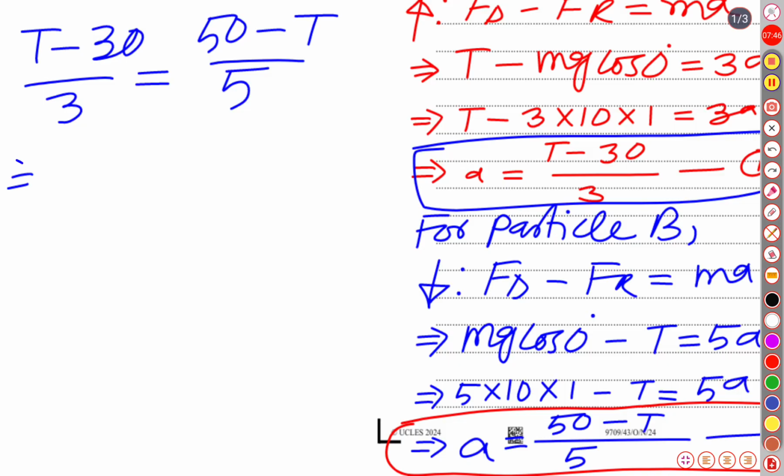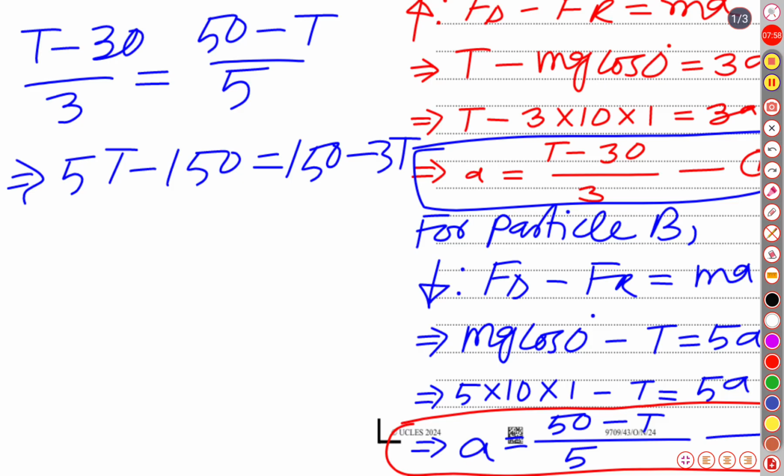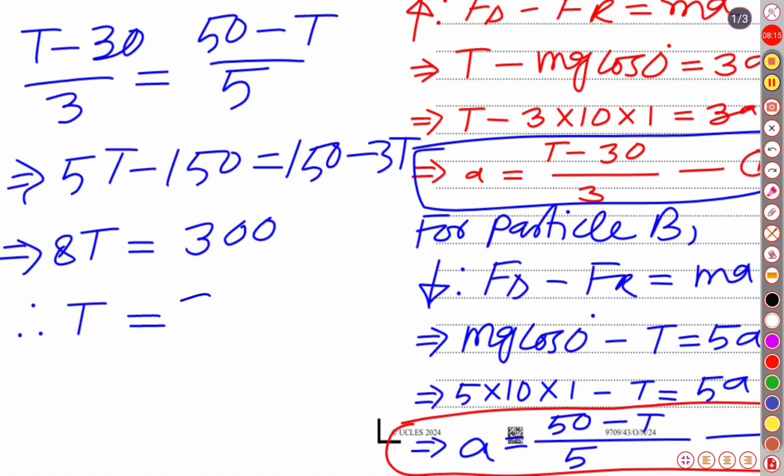After cross multiplication, we will get 5T minus 150 is equal to 150 minus 3T. If we simplify, 5T plus 3T, it will be 8T. 8T is equal to 150 plus 150, which means 300. Hence our T is going to be, if we divide 300 by 8, 37.5.